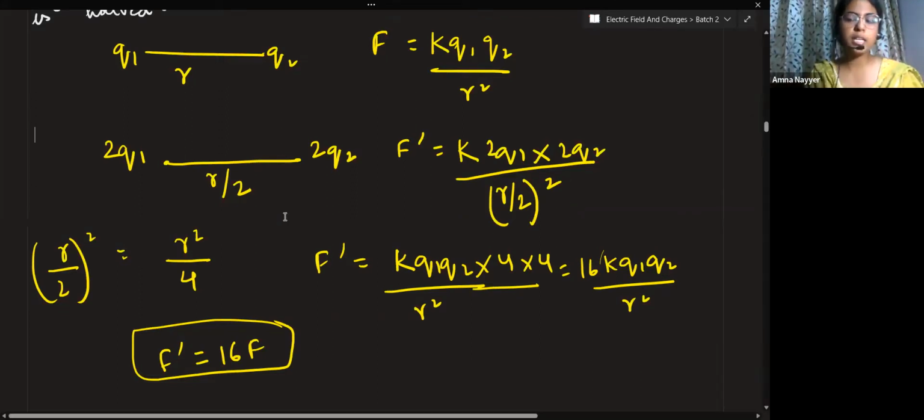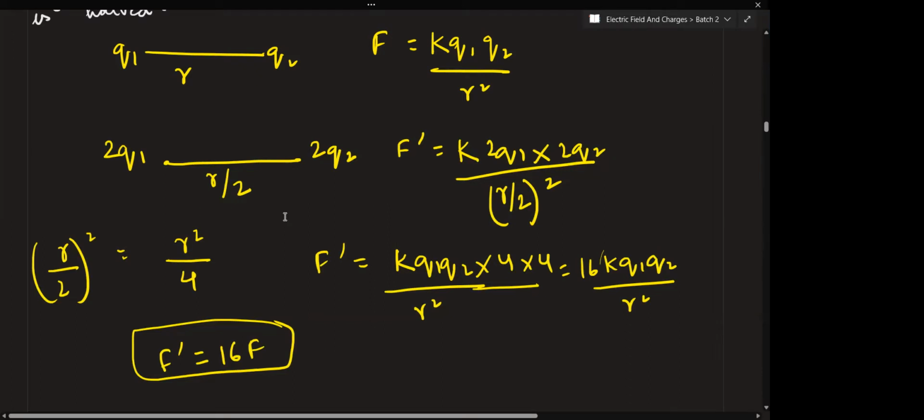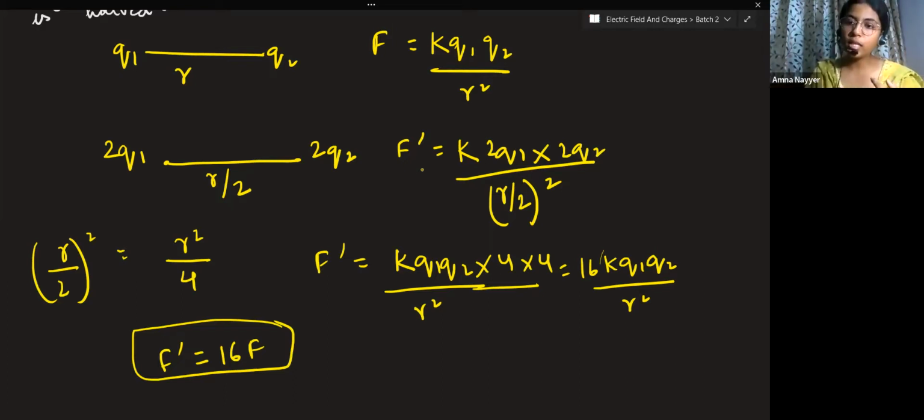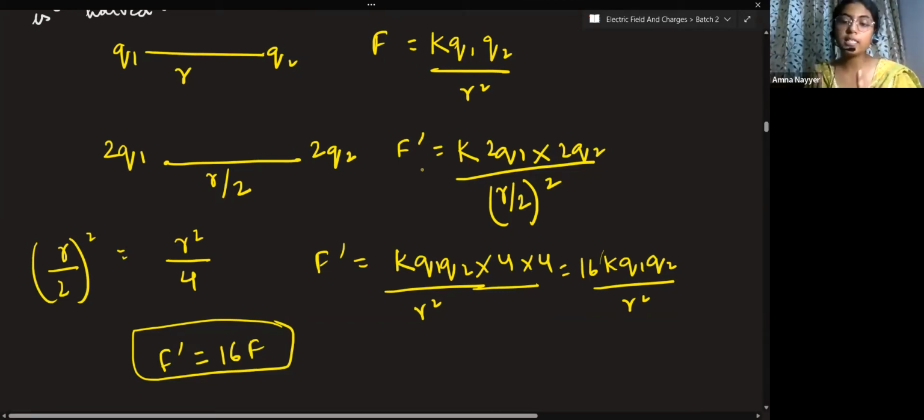The question is clear to you, Fatima? Yes, teacher. Okay. Now see, F will be K Q1 Q2 divided by R square. And when we write F prime, the other force that we have, this will be K 2Q1 2Q2 divided by not R square. This time it will be R by 2 whole square.